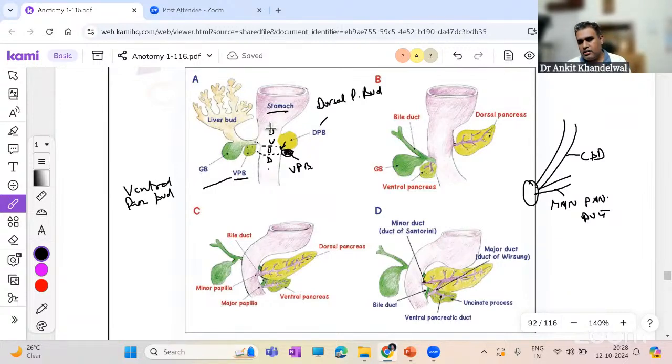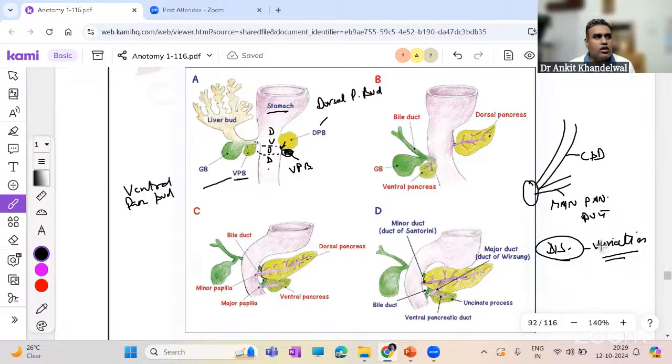As we discuss more, you will see that there are many diseases which are directly linked to variations. There are many types of pancreatitis. Few patients are more prone to develop pancreatitis because they have some variations. Pancreatitis is not a very good disease to have. It has a high mortality also. It is not good news for anyone to be diagnosed with pancreatitis.